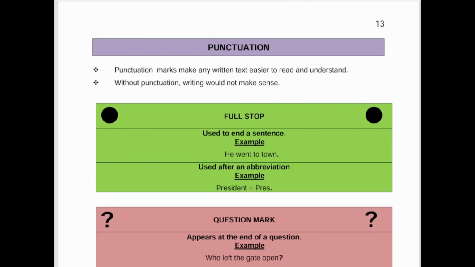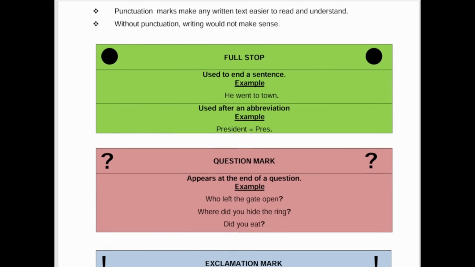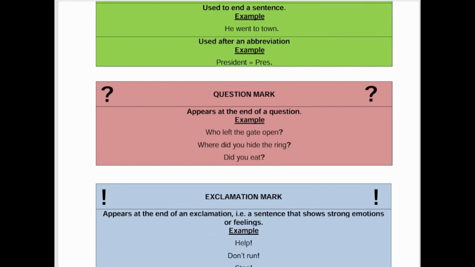Another example is Mr. Instead of writing Mister, M-I-S-T-E-R, you can write capital M, small r, then you put a full stop. So these full stops are used at the end of an abbreviation. The main uses of the full stop are at the end of a sentence and after an abbreviation.